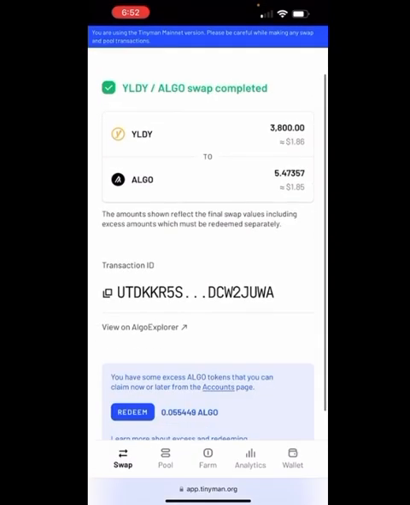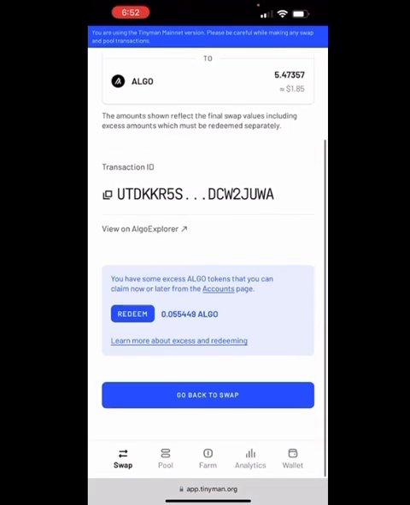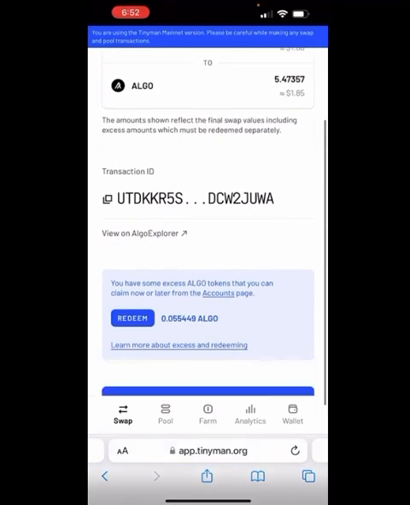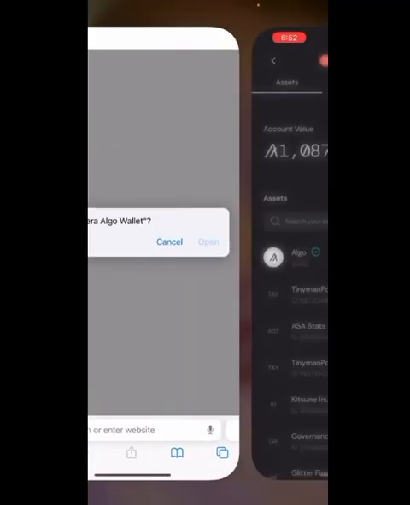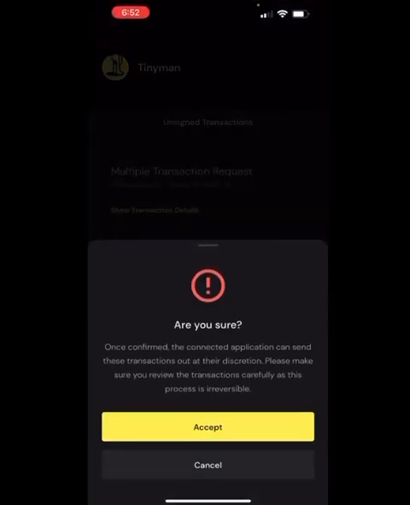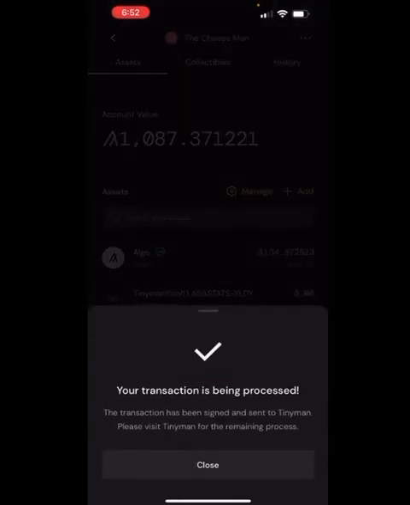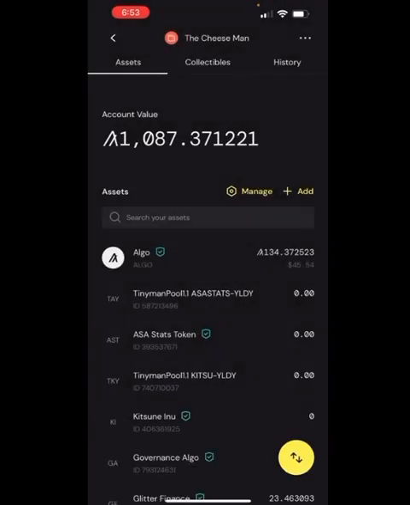Cool. There's the transaction ID. There's always going to be an excess amount. It has to do with something about fair trade policy or something.